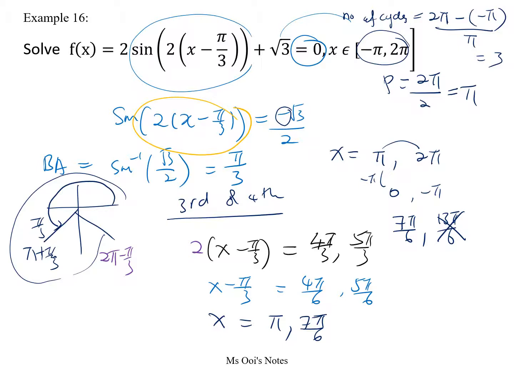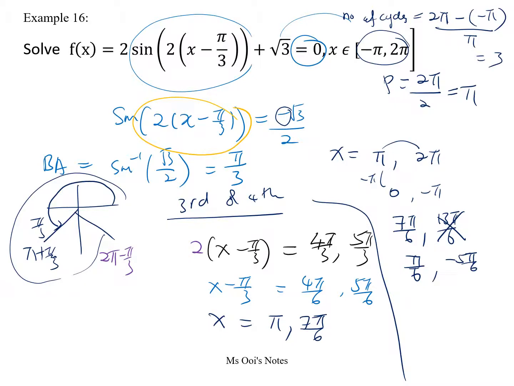Now don't forget, we can also minus from 7 pi on 6. If we minus 6 pi on 6, that will give me pi on 6. And then minus another pi from the answer, it's negative 5 pi over 6. Is it negative 5 pi on 6? Yes. If I take away another pi, that will be outside that domain already.